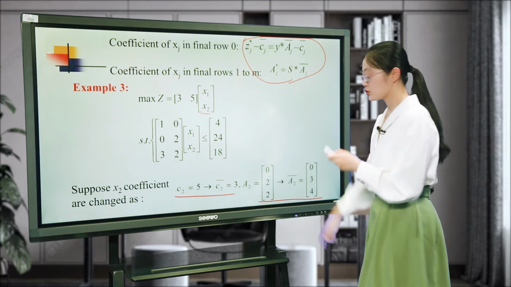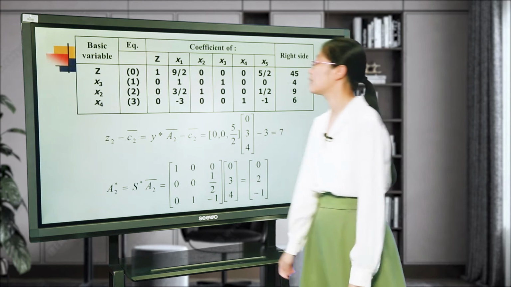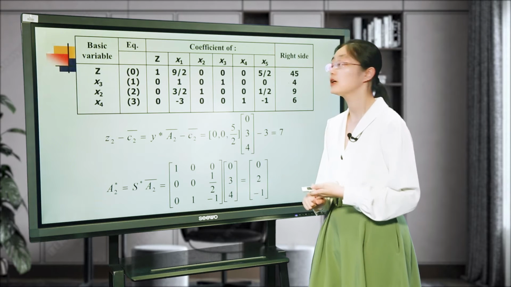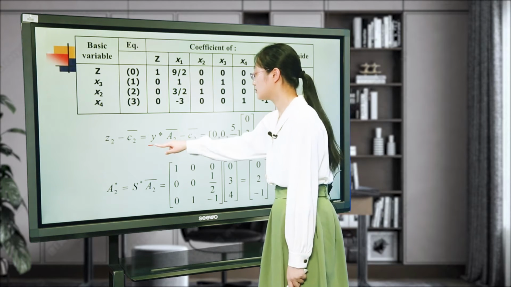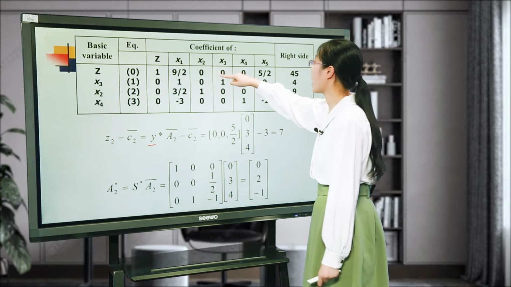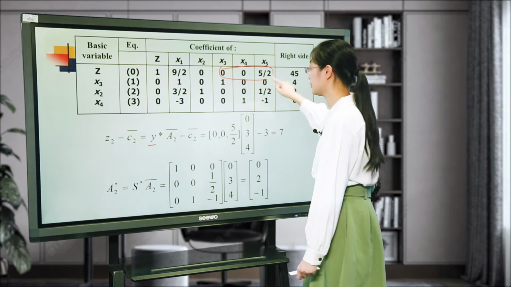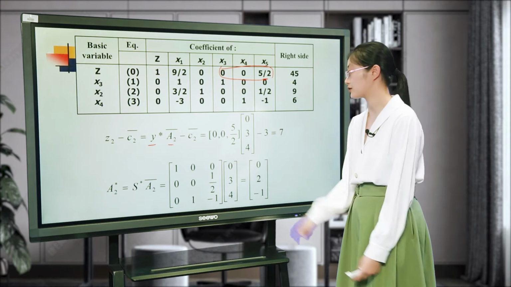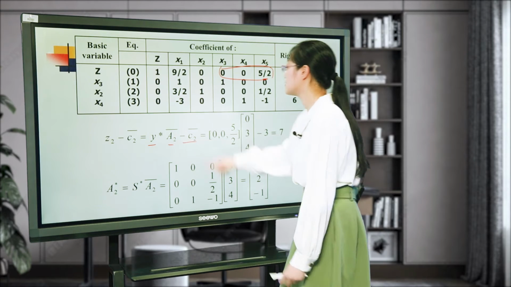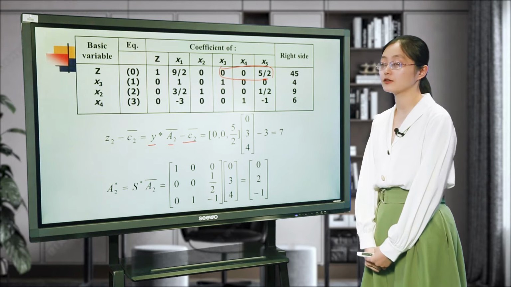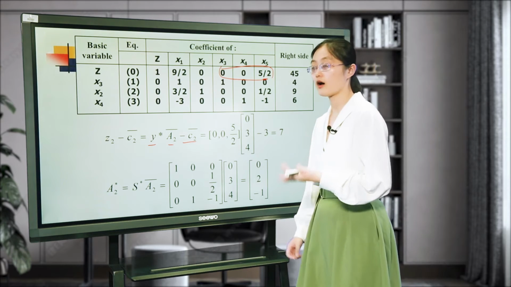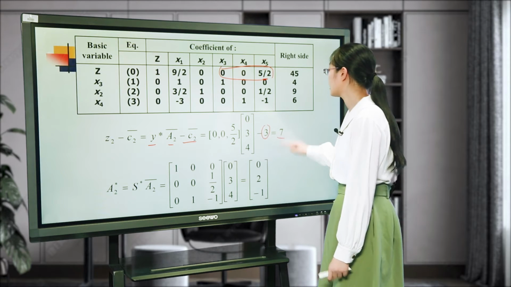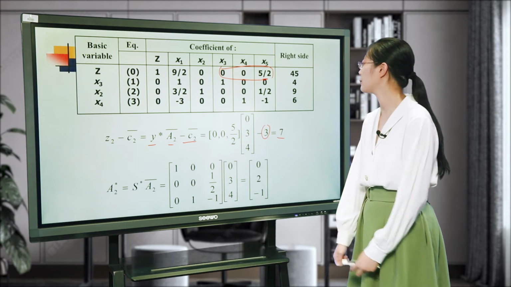So again, we do the matrix multiplication and we see the new coefficient of x2 in the objective function in equation 0 will be y star, the value of the slack variables in our final simplex tableau, times a2 bar, which is the new column vector 0, 3, 4, minus c2 bar, which is the new value of the coefficient in the objective function we replaced, 3. So by doing this calculation, the new coefficient in equation 0 will be 7.